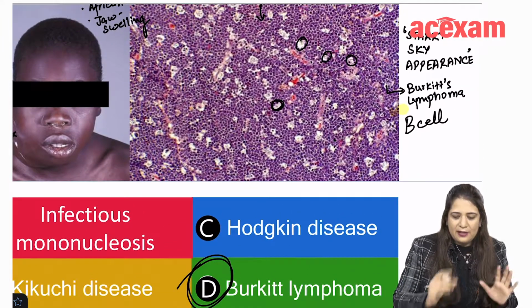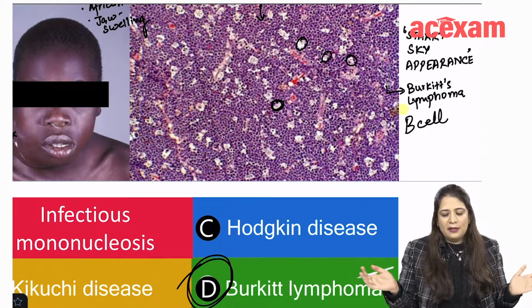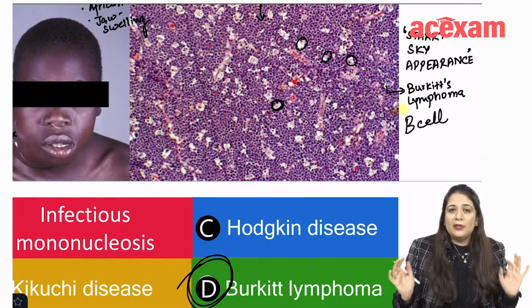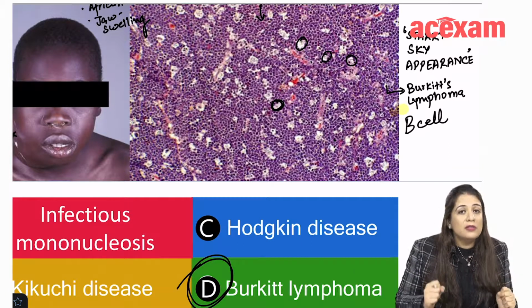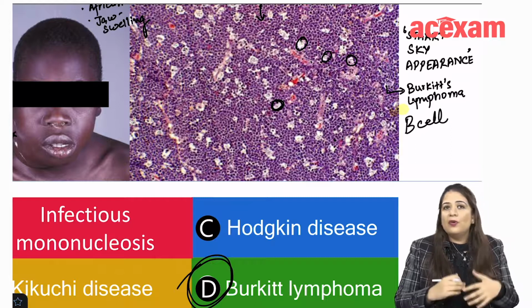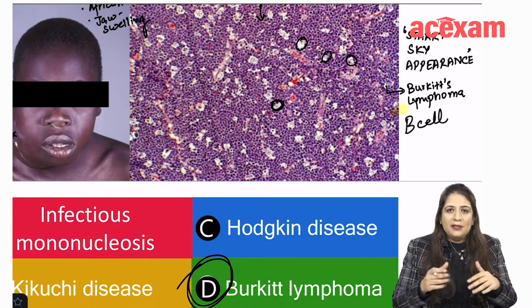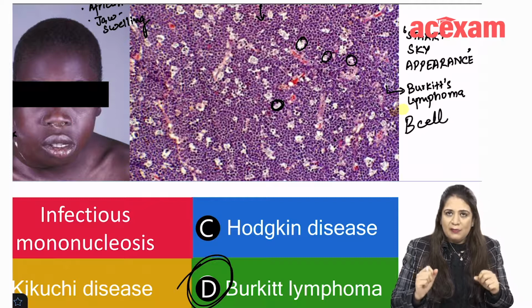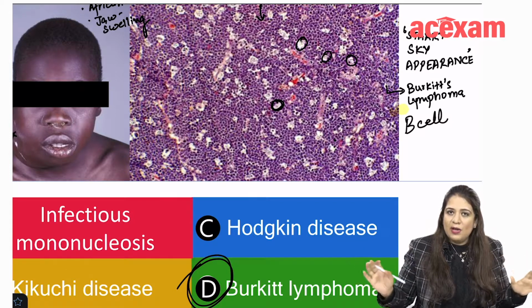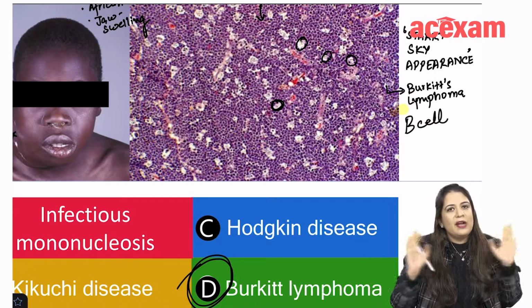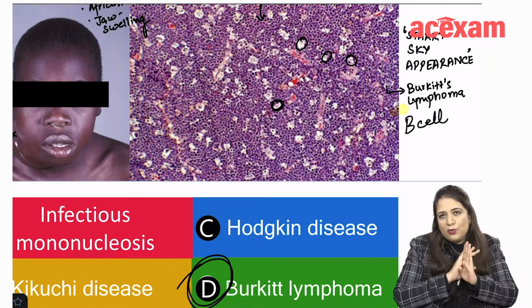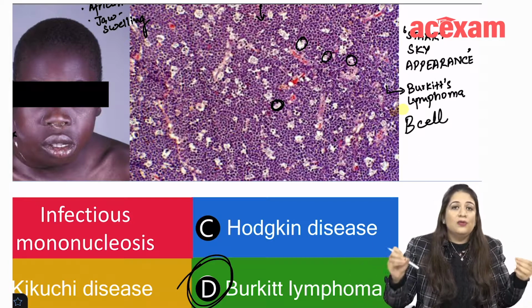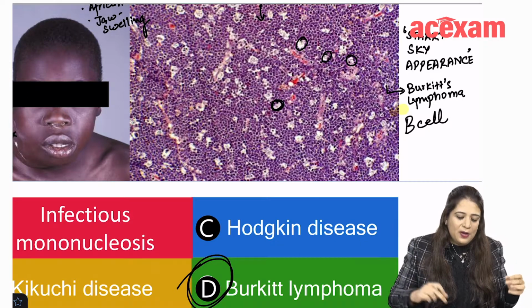Are these stars in the so-called sky the abnormal cells? No, these are actually the normal follicular dendritic cells, which are going to try and eat up the necrotic debris. These normal cells are the pale cells, strikingly seen in contrast to the monomorphic population of deep blue mature B cells.